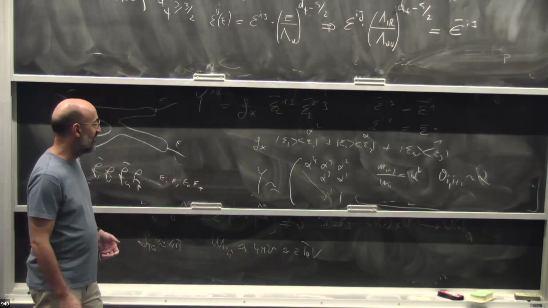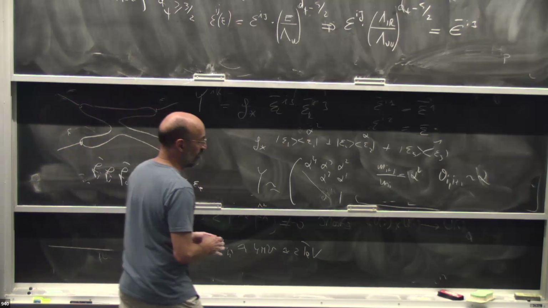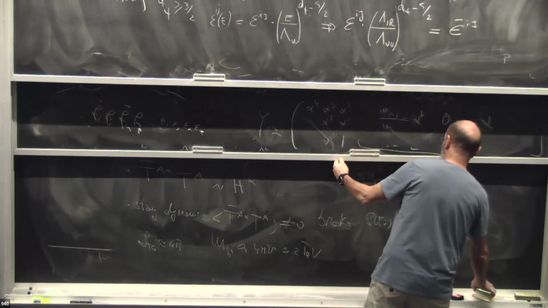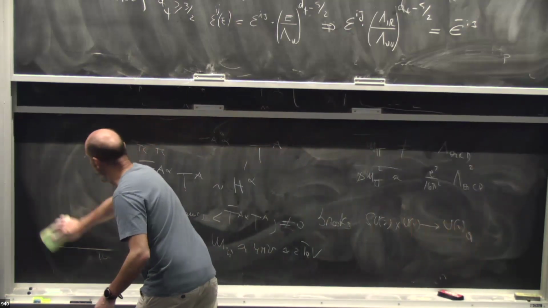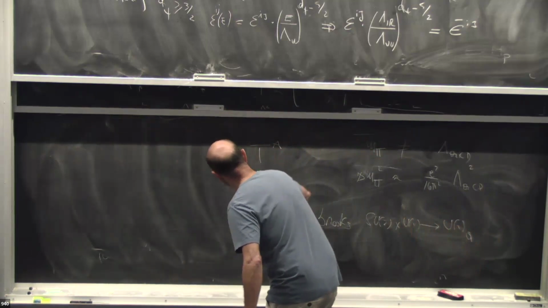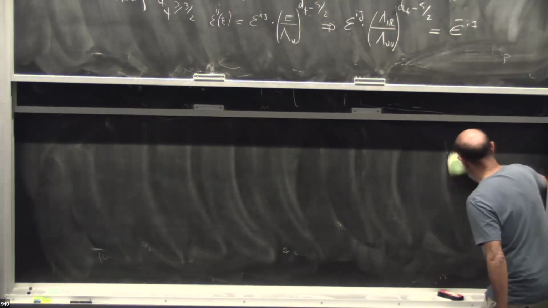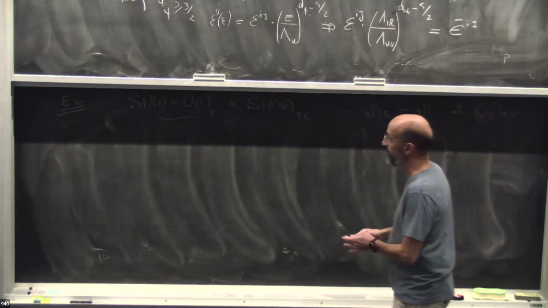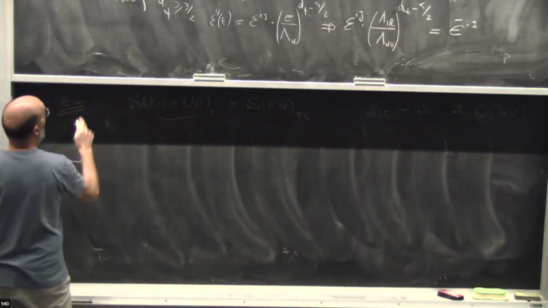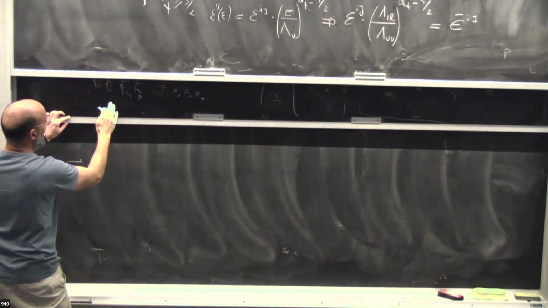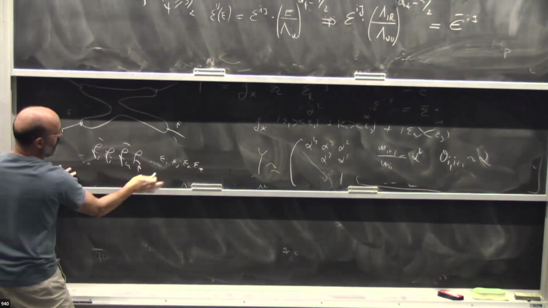So in particular, you generate unavoidably in this scenario, which per se is a beautiful scenario, I would say, interactions like this. One of the most relevant constraints comes from operators of this type, which have 4 epsilons.